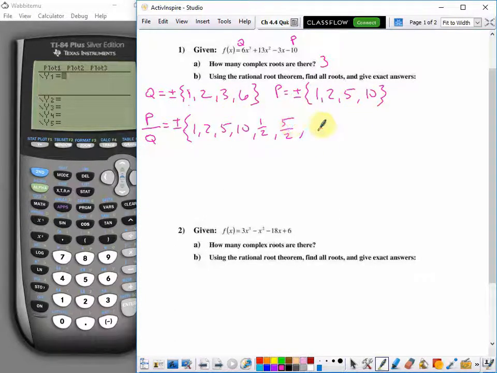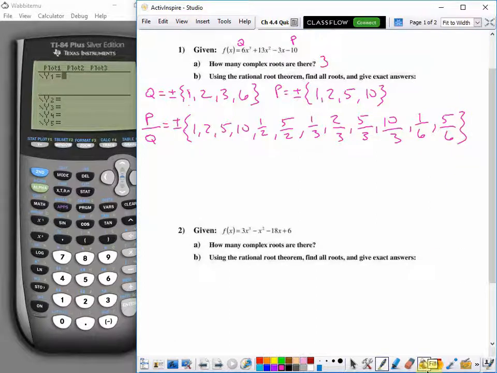All the P's over 3: 1 over 3, 2 over 3, 5 over 3, and 10 over 3. And then all of the P's over 6: 1 over 6, 2 over 6 is 1/3, so we've already done that, 5 over 6, and 10 over 6, and that's 5/3. So we've already done that as well.